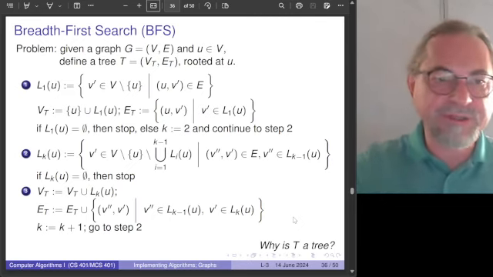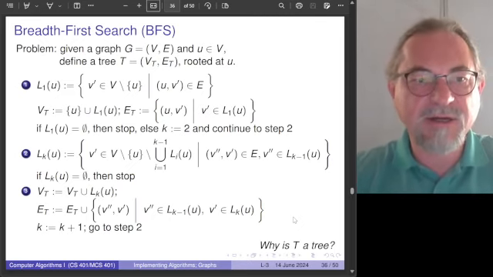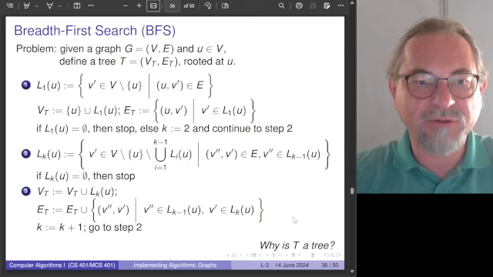And we continue this. We go to step 2 as long as the sets are not empty.